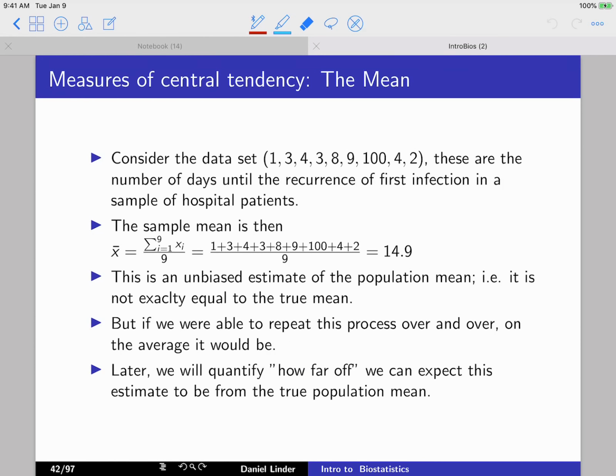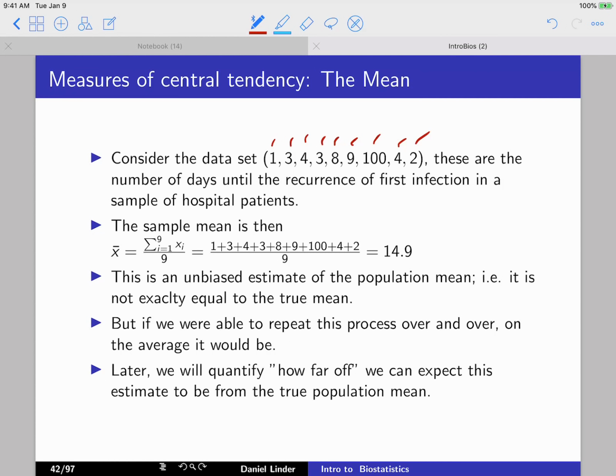Okay, so let's look at an example. This is a data set, and the data are the number of days until recurrence of first infection in a sample of hospital patients. It looks like we've got 9 observations: 1, 2, 3, 4, 5, 6, 7, 8, 9.